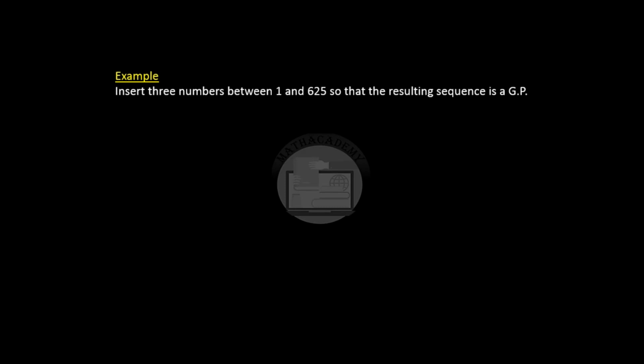Insert three numbers between 1 and 625 so that the resulting sequence is a GP. Let us try solving it. So we have 1, we have 625, and we need to insert 3 geometric means, G1, G2 and G3. How many geometric means are we inserting? 3.